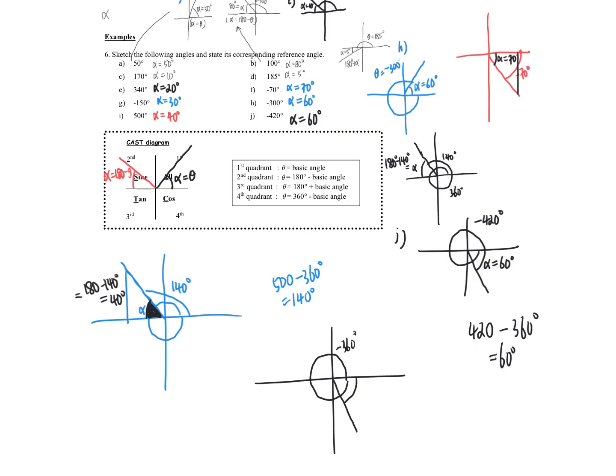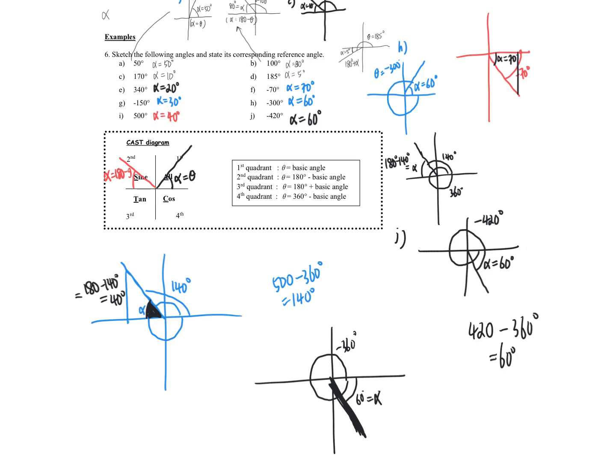So my landing point is in this quadrant with a 60 degree angle here. So my basic angle is just 60. For the negative one, the reference angle doesn't care about the sign. Only look at the magnitude of the triangle that you form.